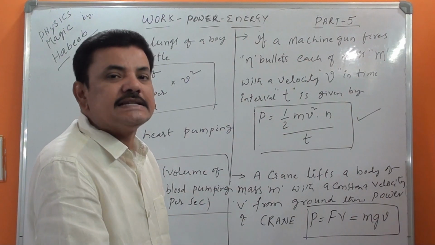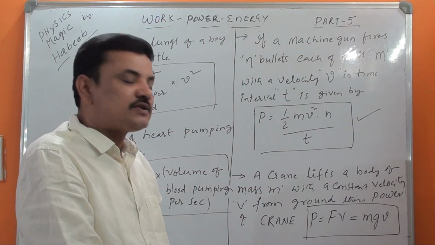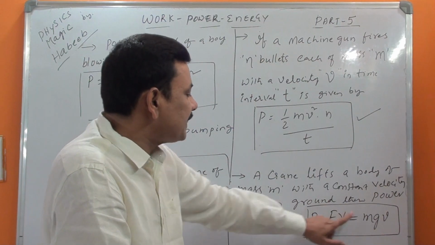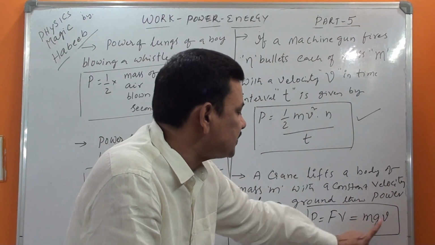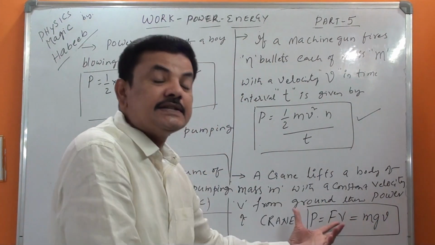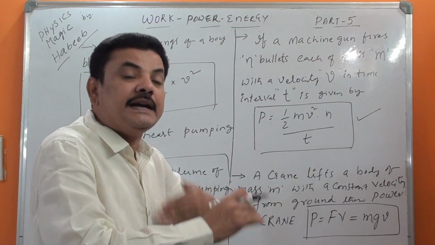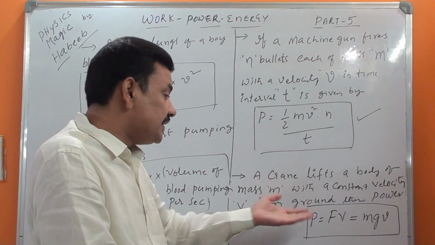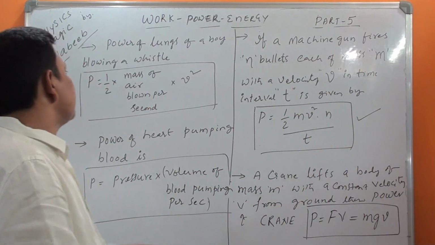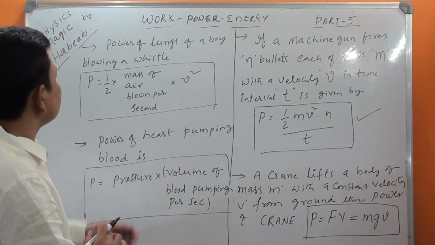With that much force it has to apply. So power becomes force into velocity, mg into v. This is also a previously asked question. If you remember these formulae and study these kinds of formulae daily, 100% it will help you. Then you go to the next question.